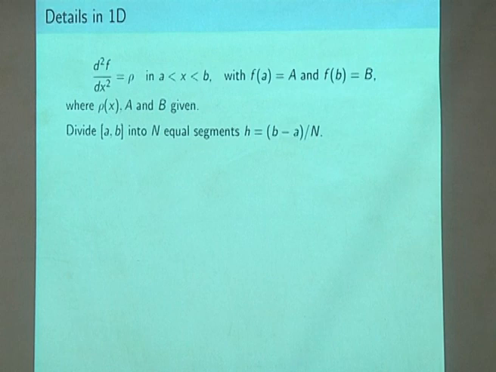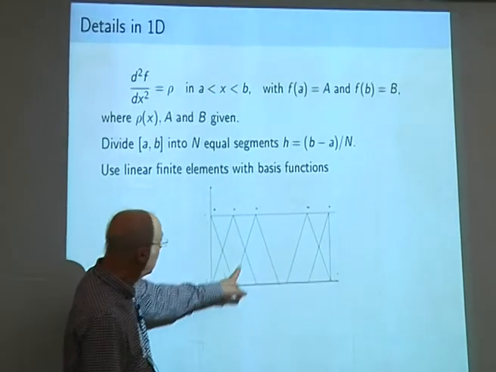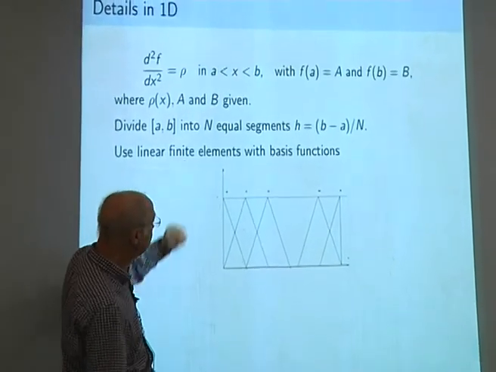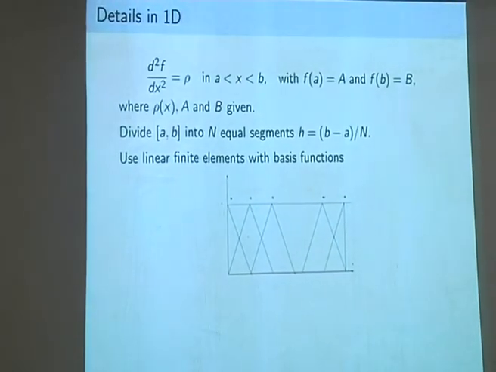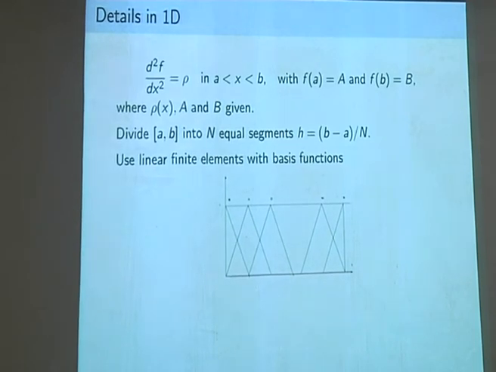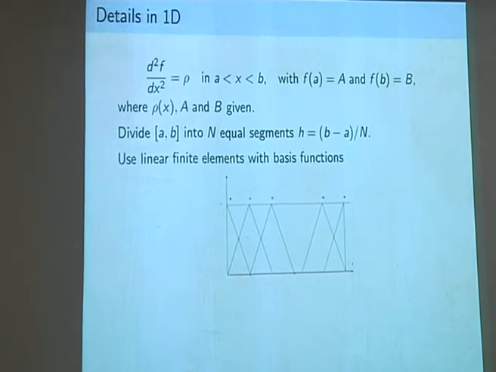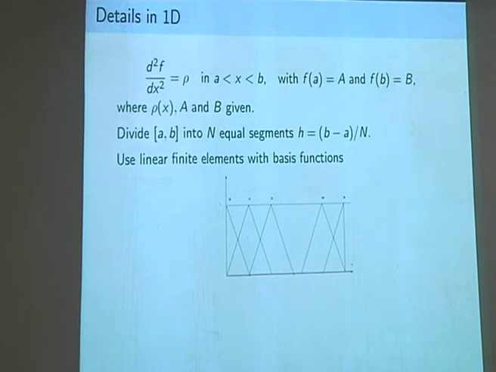Then our basis functions, for linear finite elements, are just triangles. They vanish, are non-zero in two intervals, and then vanish again. And there are two special ones at the end which are only half a triangle. Those are the basis functions.